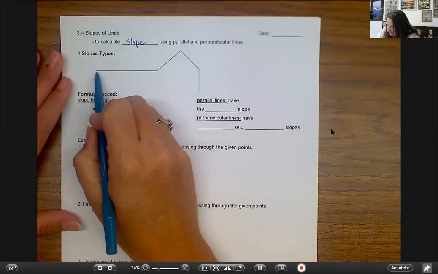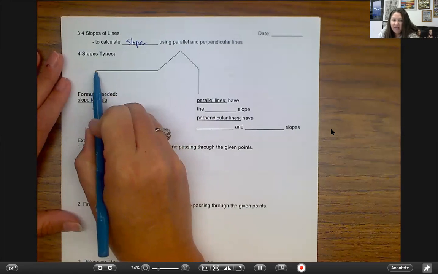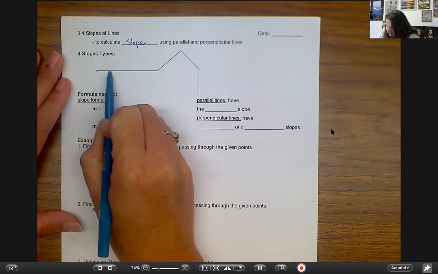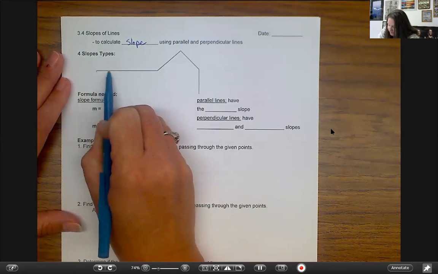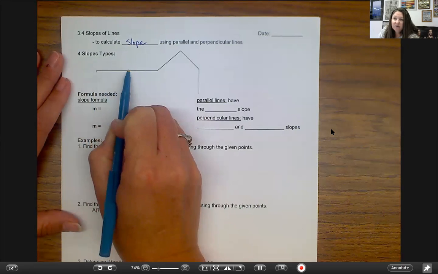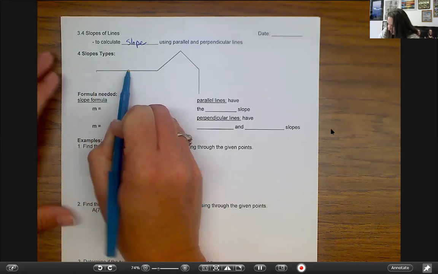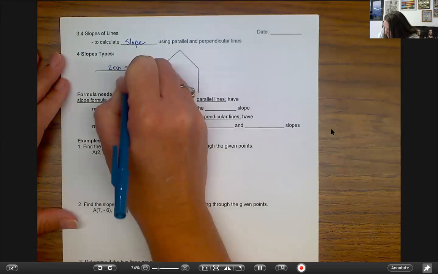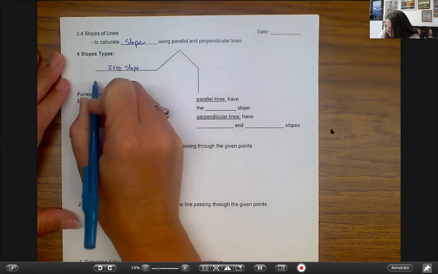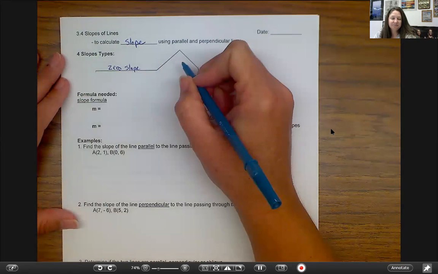So if I were starting in this location here and following this horizontal line, we should see that as we're moving to the right, there is no slant, or no slope to this line. So this would be considered a zero slope, as we're moving horizontally.